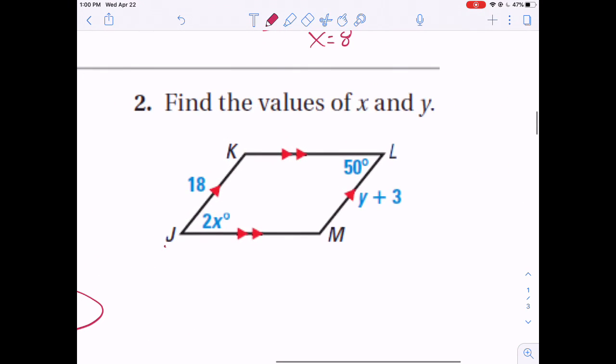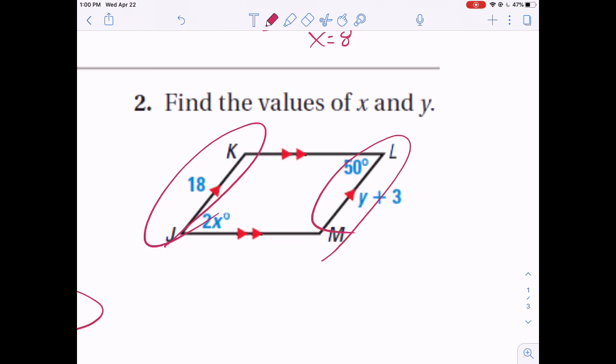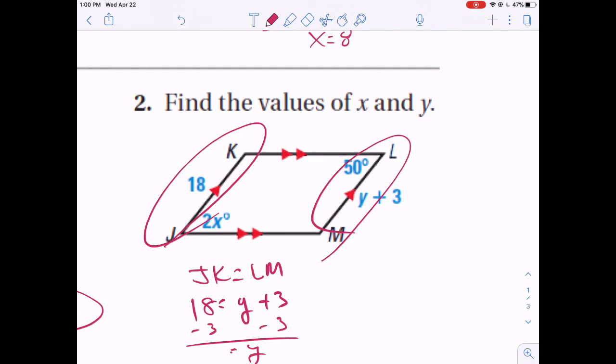All right, one more for you. Again, we know that JK is going to be equal to LM. JK is 18, and LM is y plus 3. A quick little subtraction on both sides, and y equals 15.